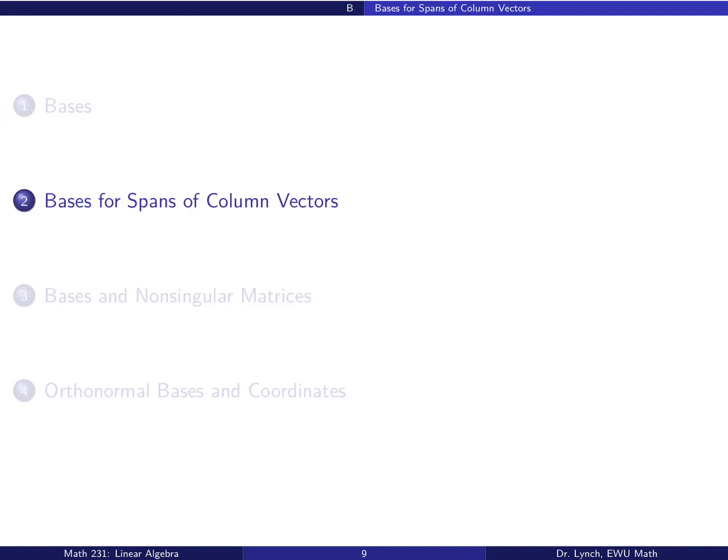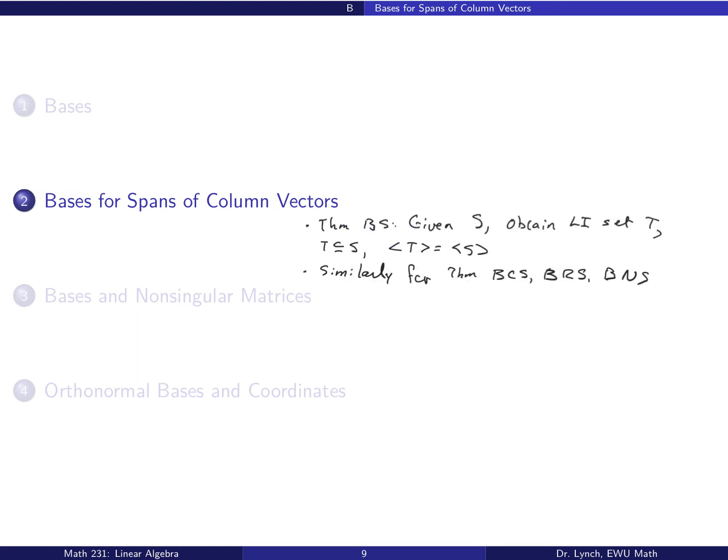Okay, let's talk a little bit about bases for spans of column vectors. We know, for instance, that theorem BS tells us how to write a new set T that's linearly independent such that the span of T is equal to the span of some set S. We now know that this new set T that's linearly independent and spans is a basis.